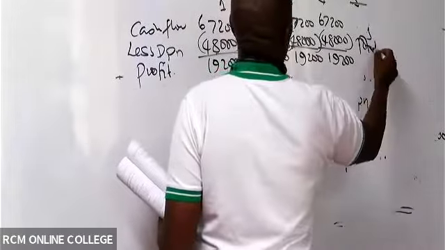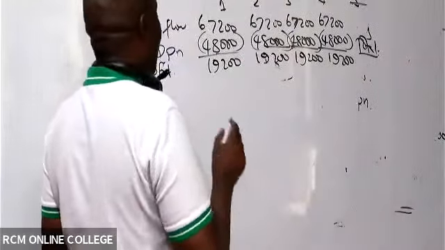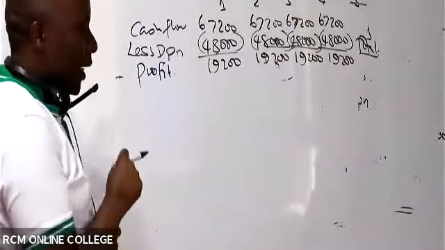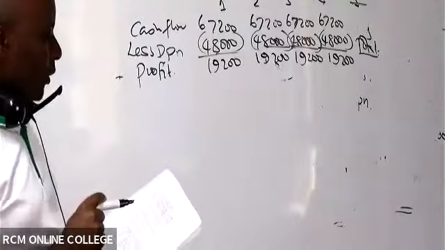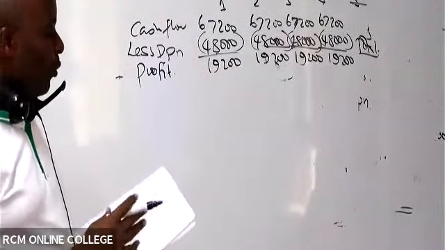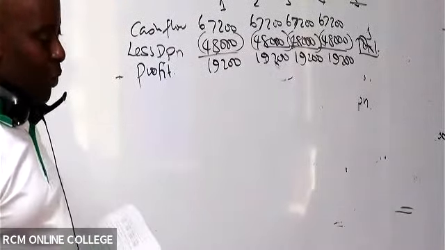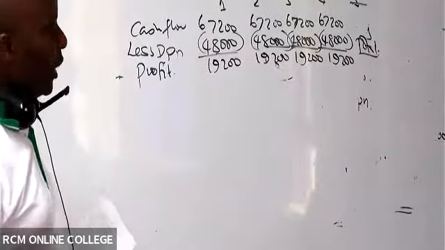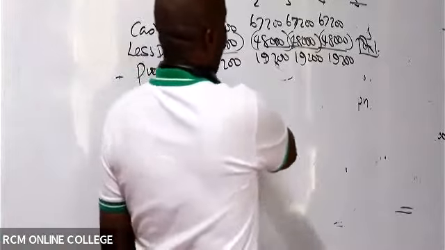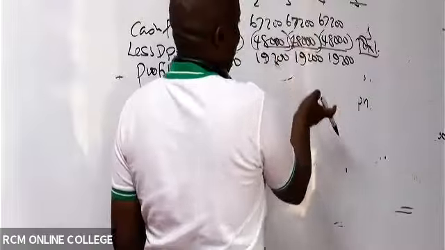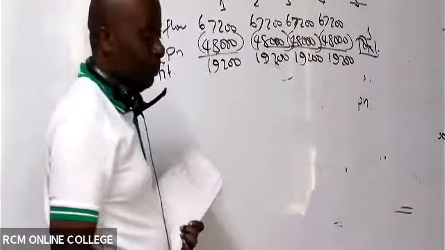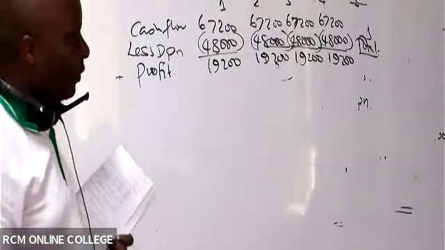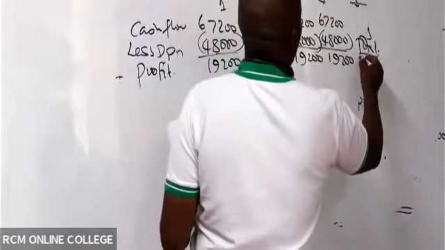Remember, this is the accounting rate of return, but for 4 years. You take this figure plus this, or this times 4. How much are we getting? We are getting 76,000.